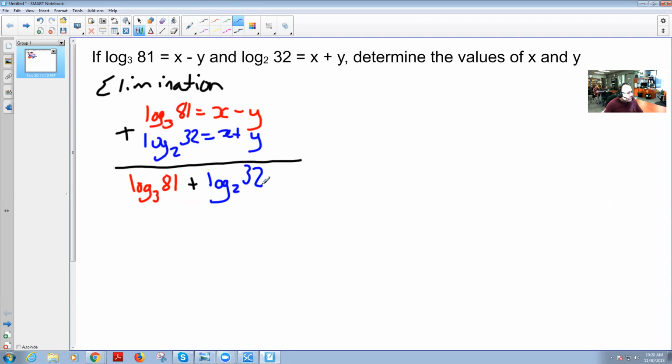But now we have how many x's? Well, 2x. How many y's? 0. That's a good thing because now we can actually solve like we normally do. Once we do that, we can figure out what x is and substitute it right back into either of the original equations. So let's solve like we've always done.